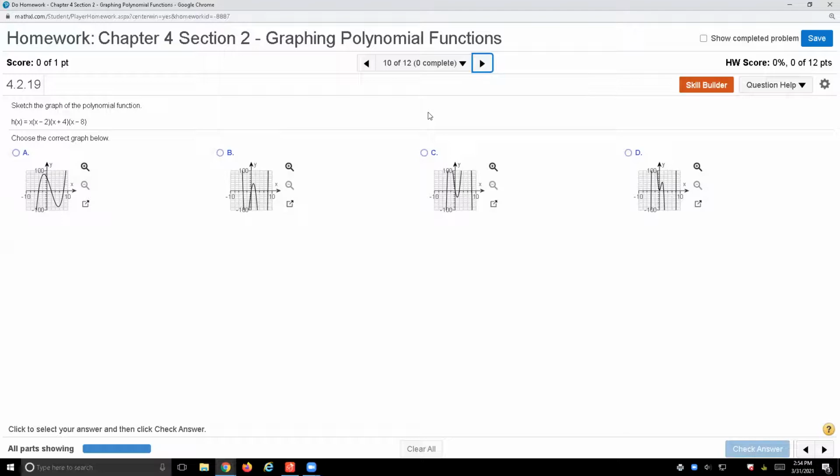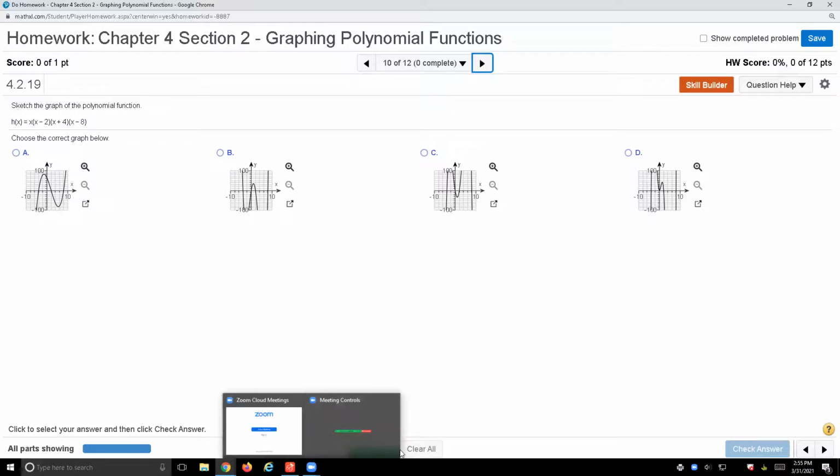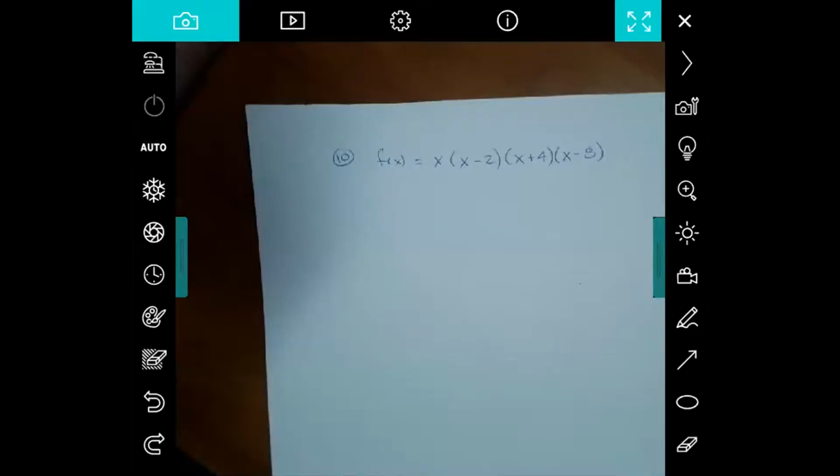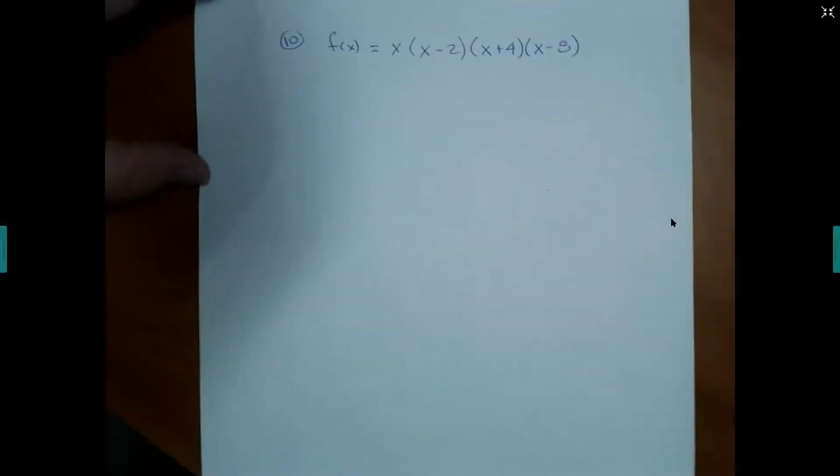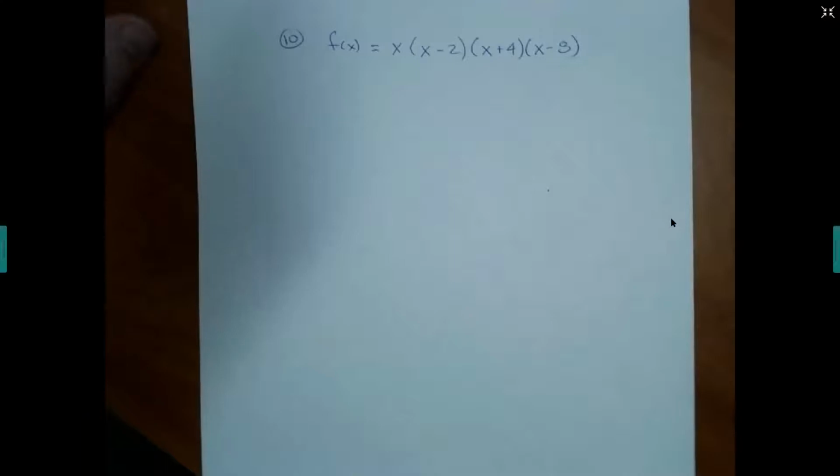Okay, this is number 10. F of X, or this is H of X, but don't worry about that. We have X, X minus 2, X plus 4, and X minus 8. Roughly sketch the graph for me.